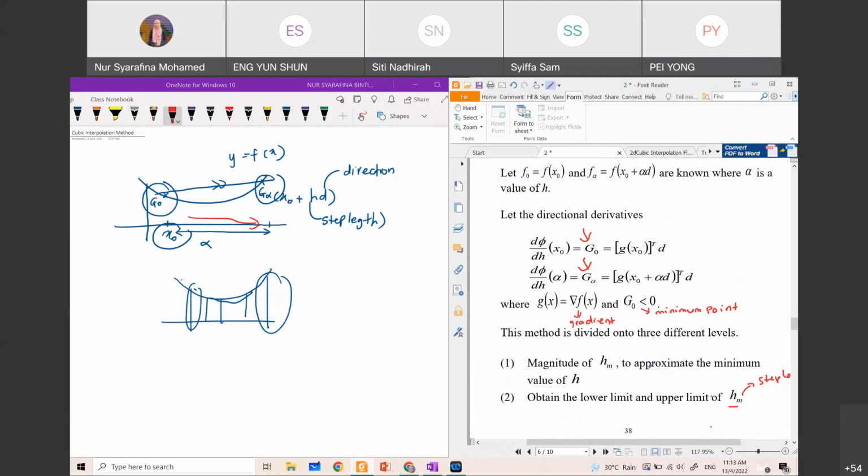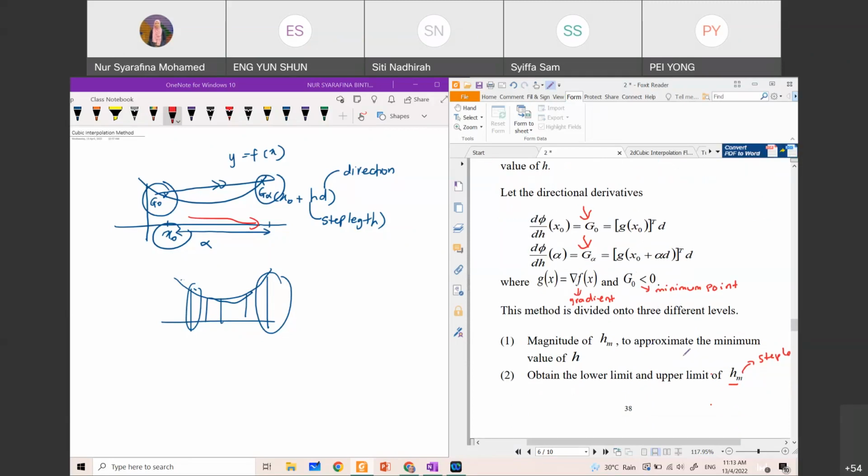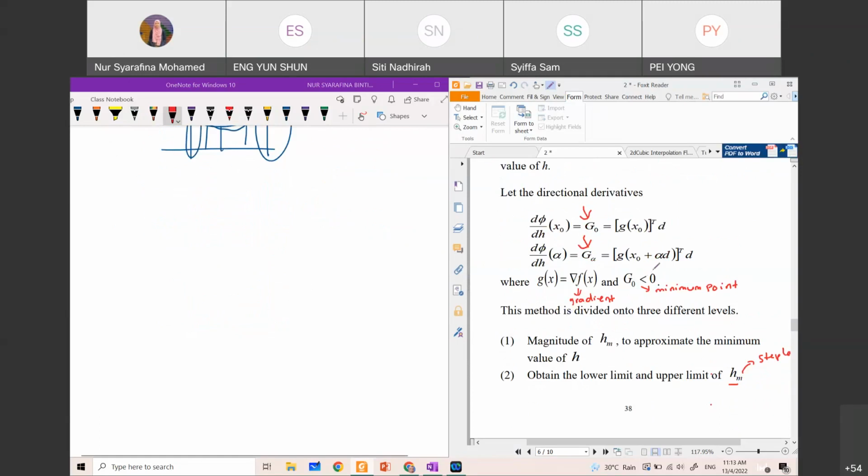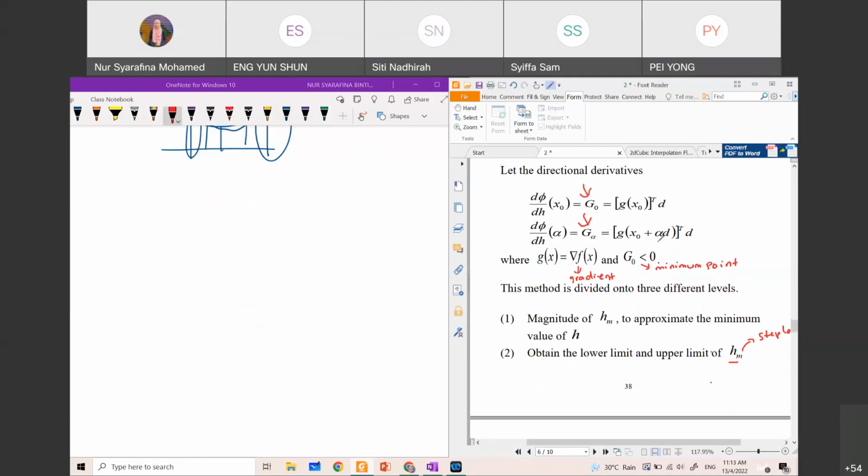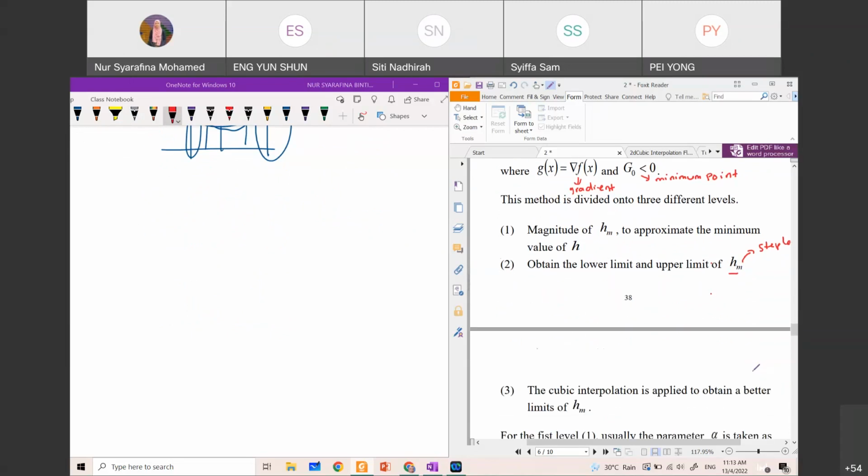We have divided this method into 3 different levels. First, we need to find the magnitude of Hm, to approximate the minimum value of h. Second, we identify the step length and obtain the lower limit and upper limit of Hm. The third level is the cubic interpolation, which is applied to obtain better limits of Hm.